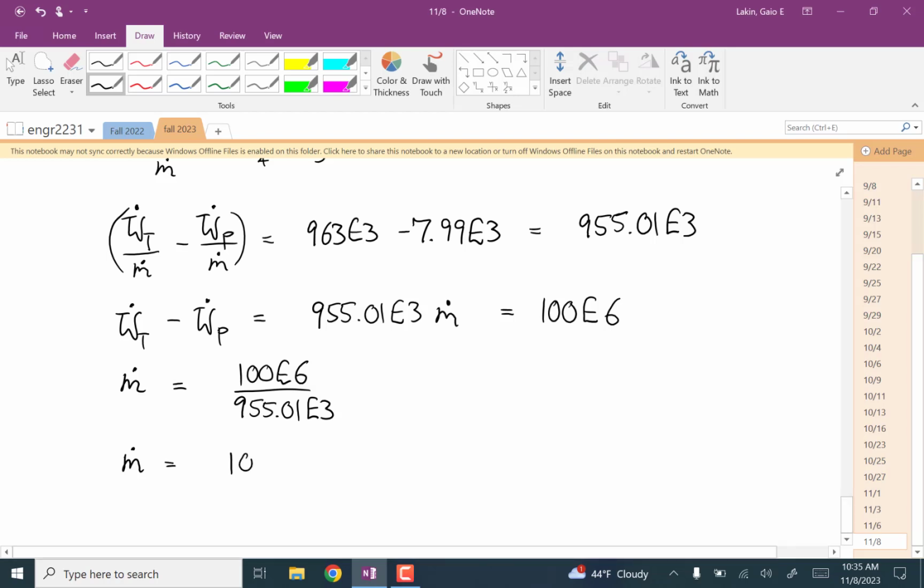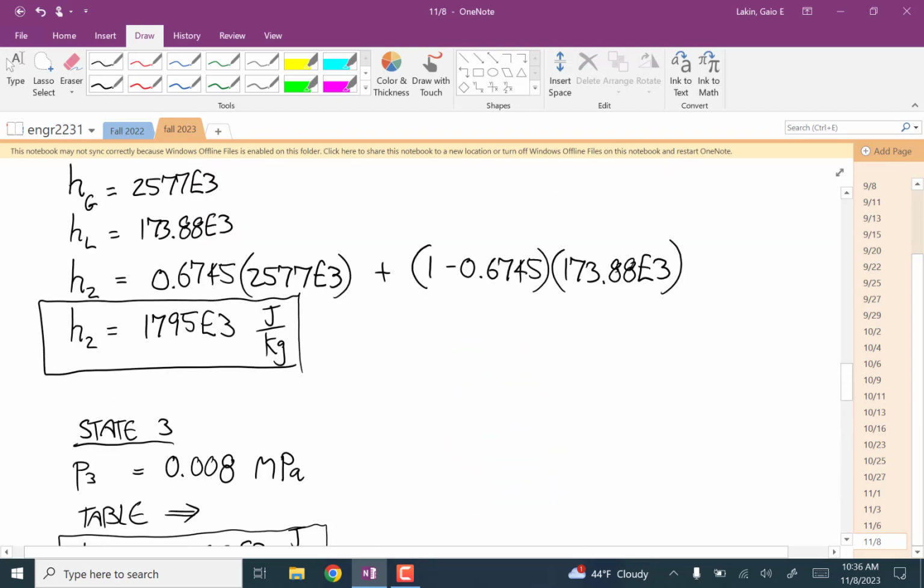So 104.7 kilograms per second. That's a lot of stuff. Now that pump doesn't suck.